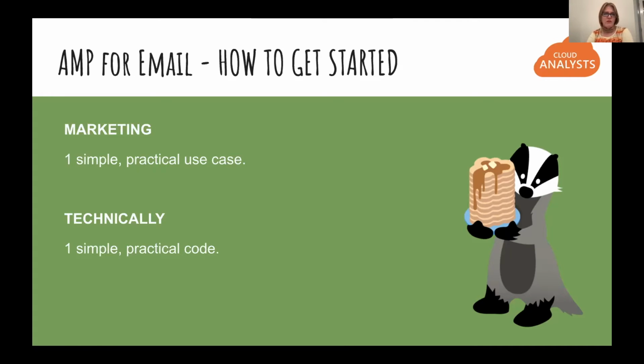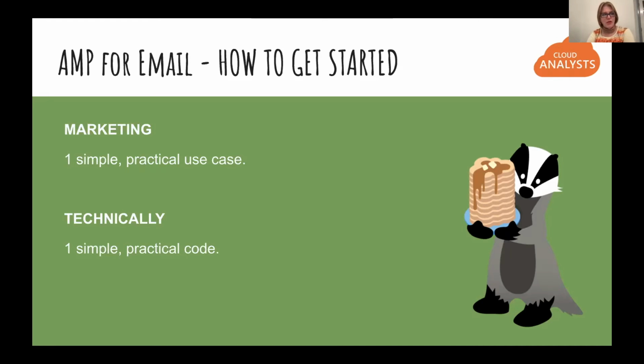I would start with something like a carousel and work with just one thing, not more than that, because there will be a ramping up of skills, a very steep learning curve with AMP for email, as I've already learned. So you really want to go MVP and then have a rollout.